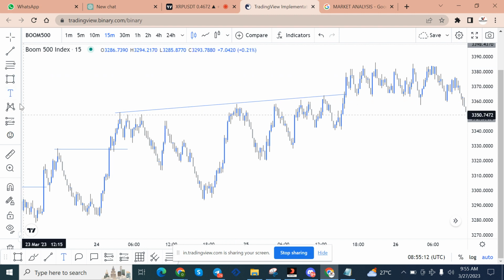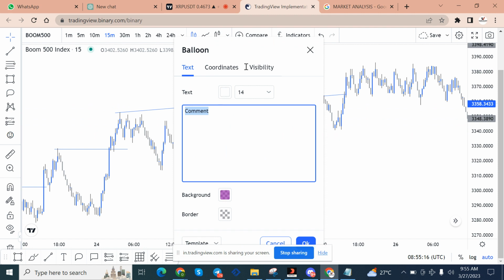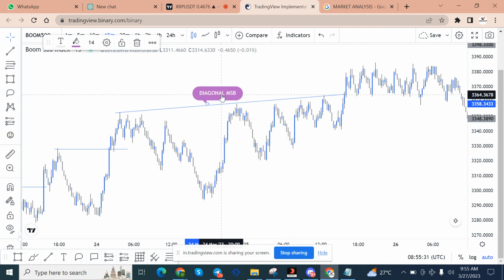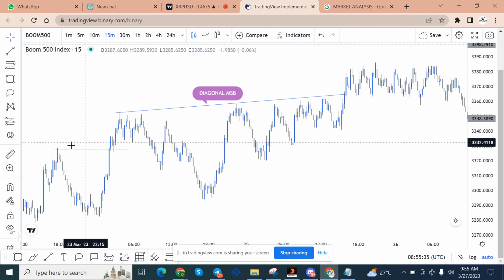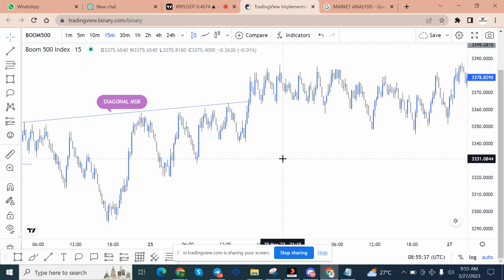All right. So at this point, we can say this was simply a diagonal break of our structure. So we can just write diagonal MSB. That's market structure break. All right, so this is a diagonal market structure break, and of course the body of this candle broke this.